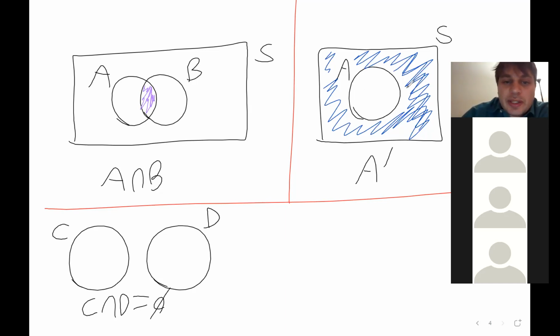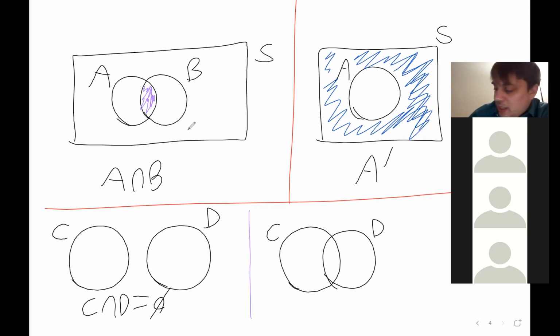Another way to illustrate it, I'm just separating it, but I'm still talking about the same thing. Or you could write it like this and like this, right? You have C and D.